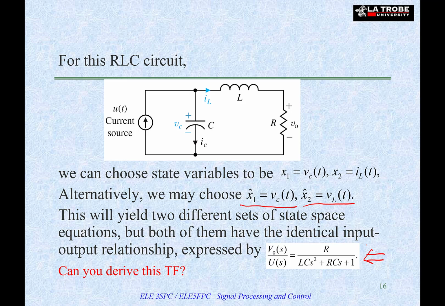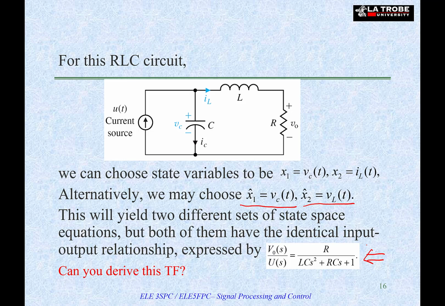If I generalize what I have just said, I can make the following statement. For a given transfer function representing the input-output relationship of a physical control system, theoretically speaking, there exist infinitely many state variable models, which describe the same system.